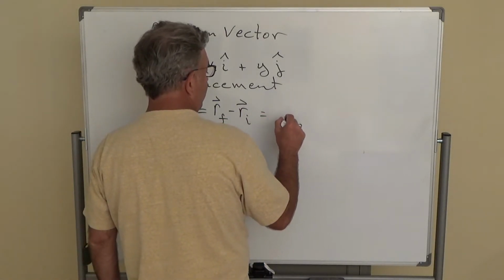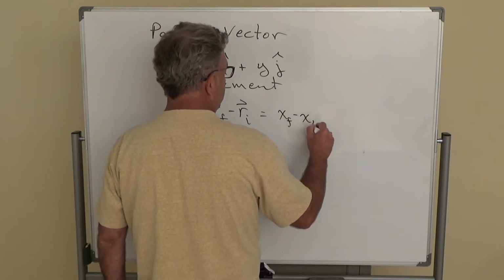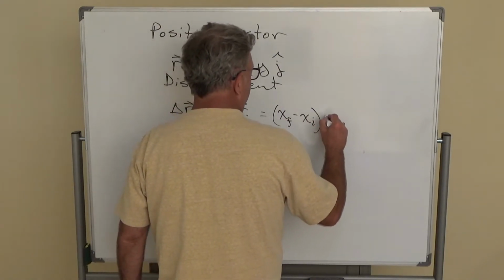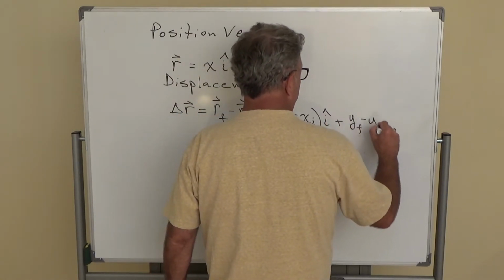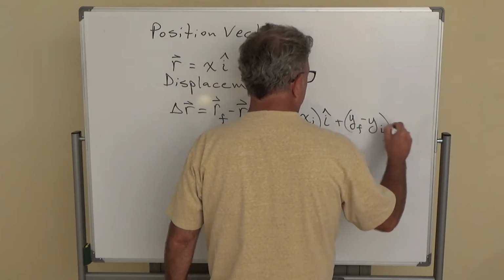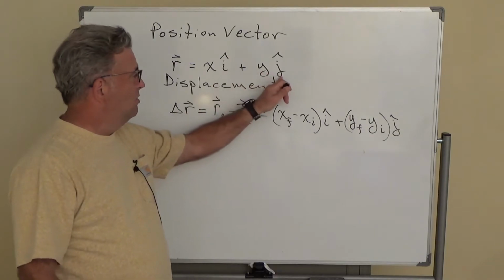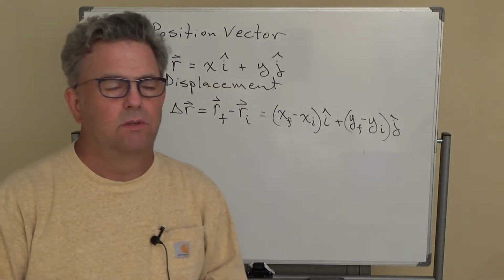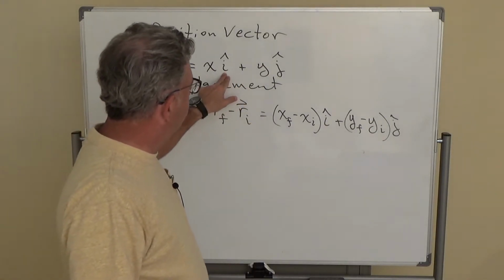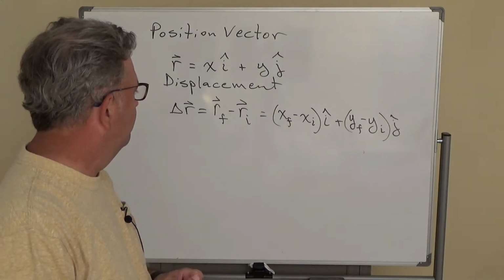And if you write this out, this is x final minus x initial times i hat plus y final minus y initial j hat. And these little i hats and j hats keep track of the directions. i hat points in the positive x direction, j hat points in the positive y direction.